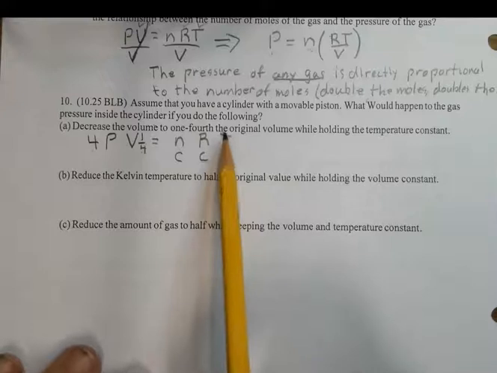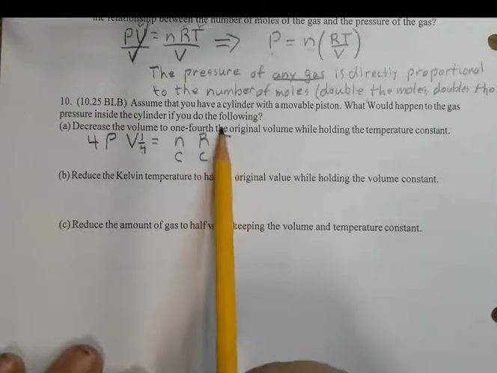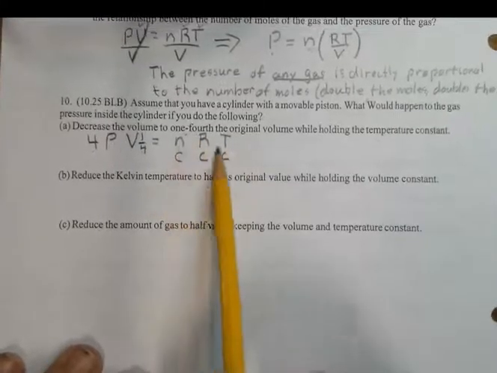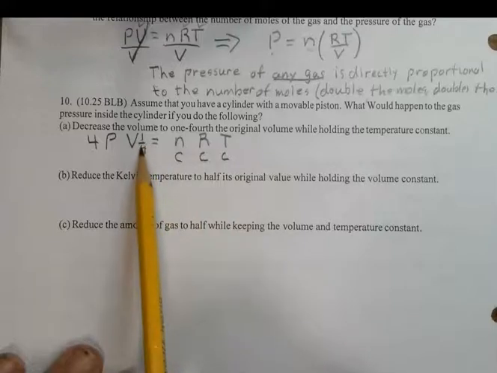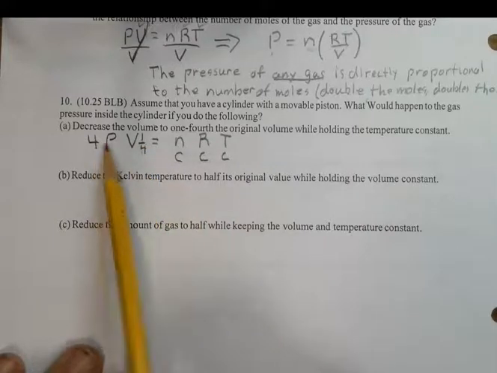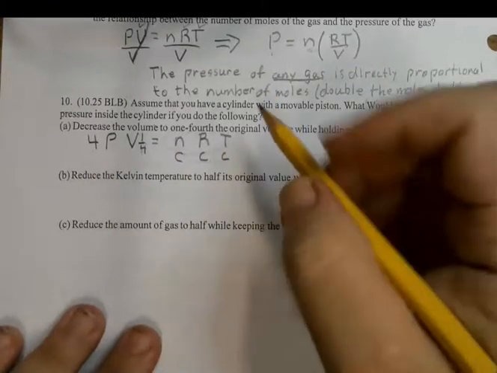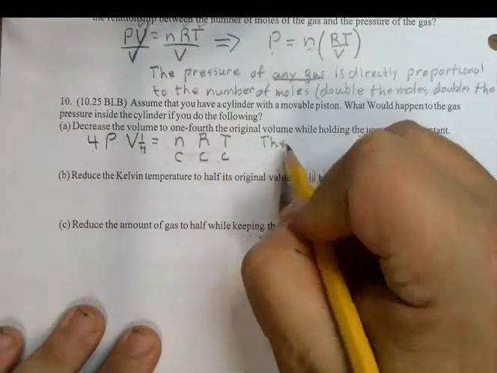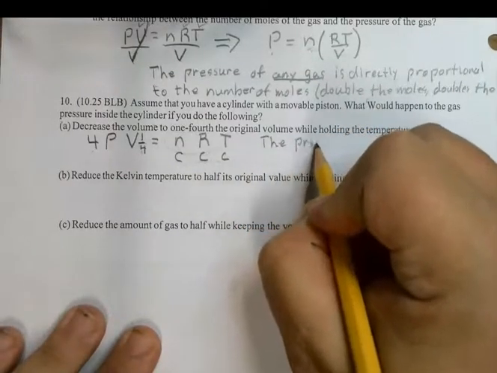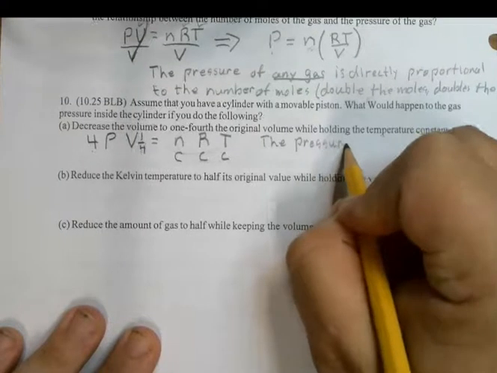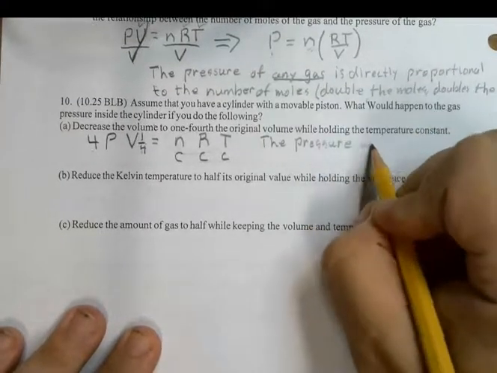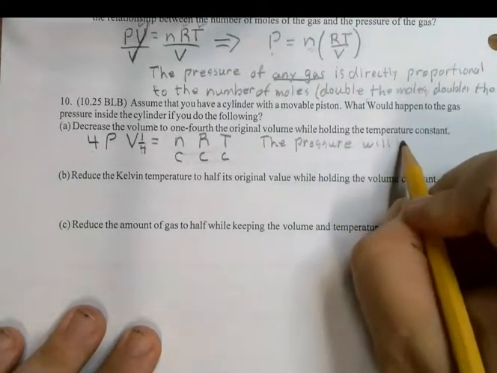So let's just make up a number. If this was 40 and we cut this down by 1/4, this would have to go up by 4 to keep this number at 40. And that's what they're saying. So it's good. The answer is the pressure will increase by 4 times.